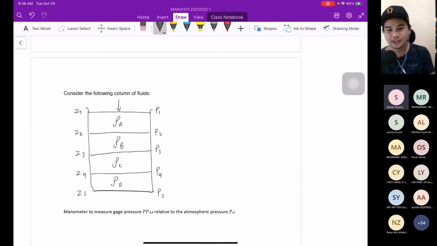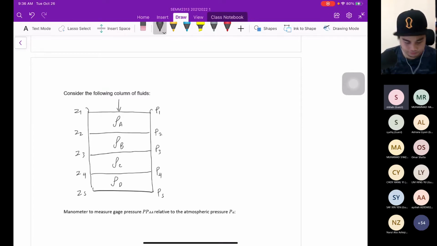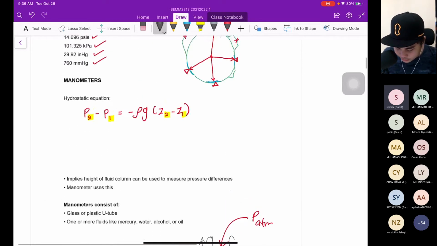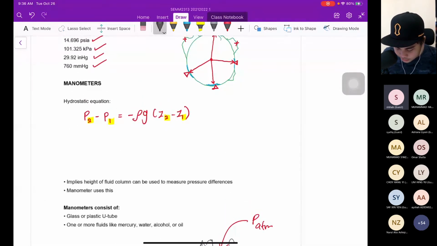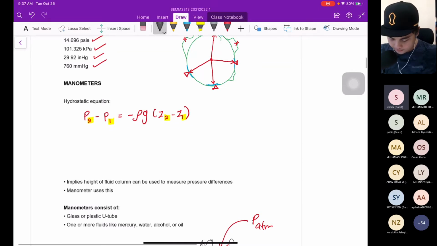We are going to use the hydrostatic equation. For this case, I want you to focus carefully. This is very important. Remember our hydrostatic equation, which is P2 minus P1 equals negative rho G times Z2 minus Z1.